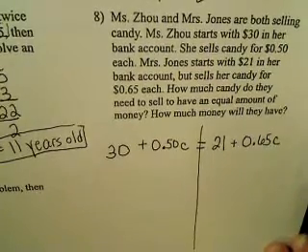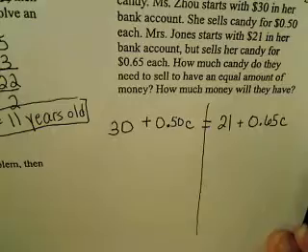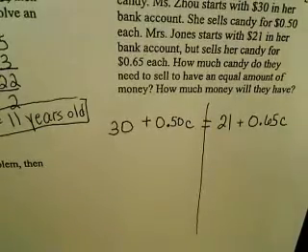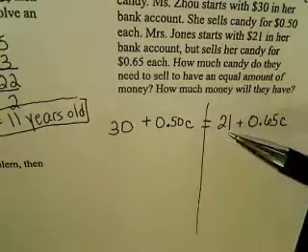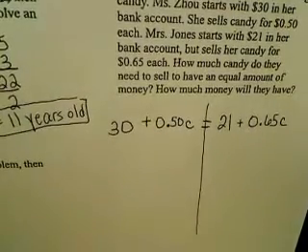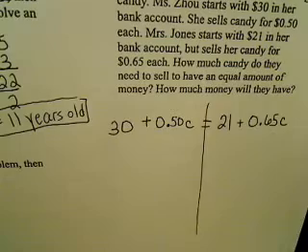Okay, so here we go. We're going to solve this just like every other equation. We don't have distributive. We cannot combine like terms on either side. So now I'm going to move the variables to the same side.